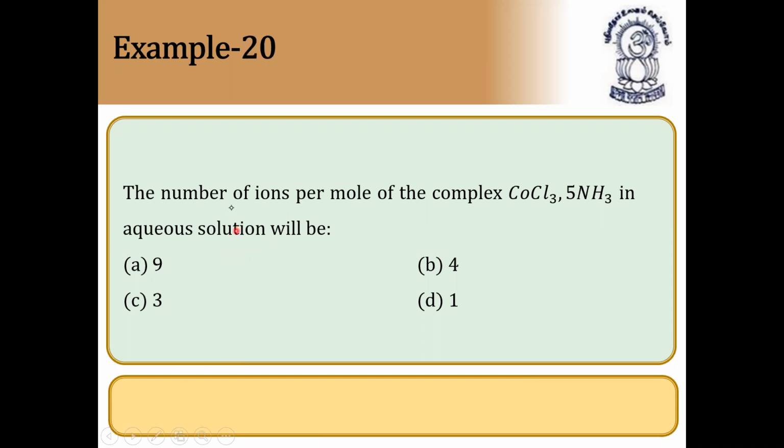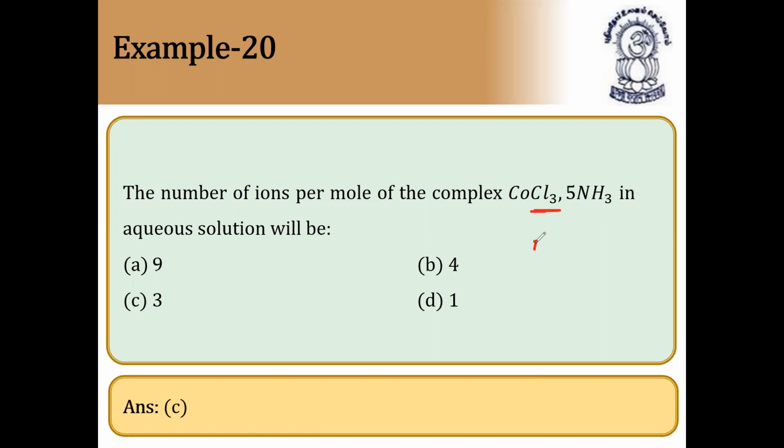Next, the number of ions per mole of the complex CoCl3.5NH3 in aqueous solution will be. So how many ions can it form? Maximum 3, because only 3 Cl.